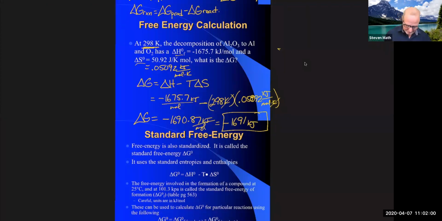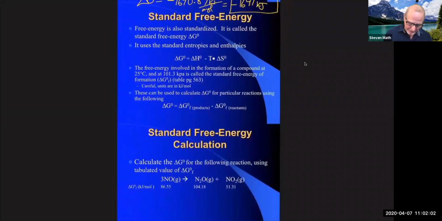Now let's look at the standards. Free energy is standardized. It's called the standard free energy, delta G naught, and it uses standard entropy. So anytime you see these degree signs, I know they look like zeros. They were supposed to be degree signs, but they didn't export very well out of PowerPoint. My apologies.